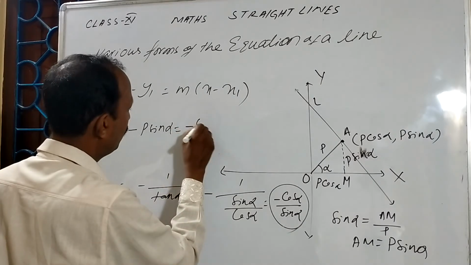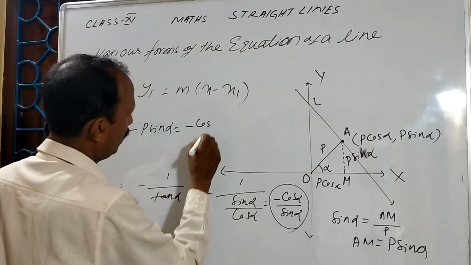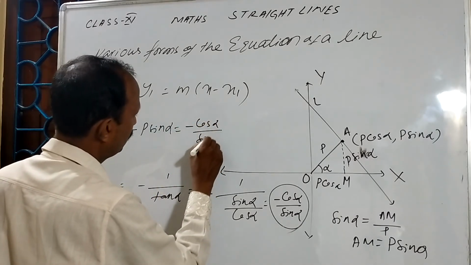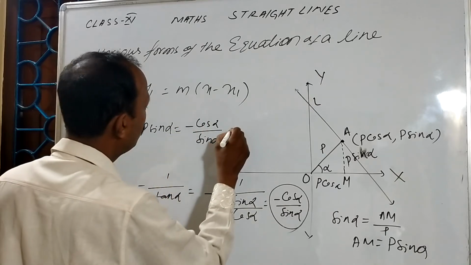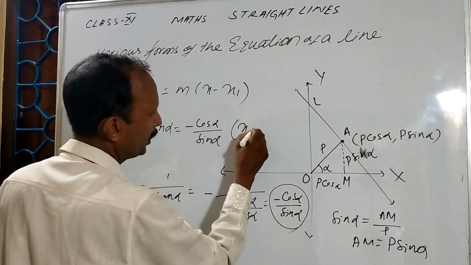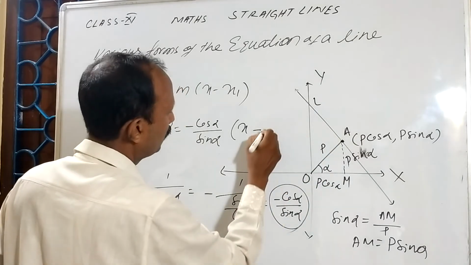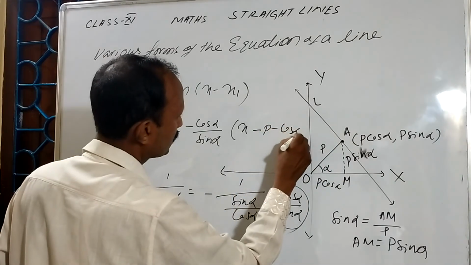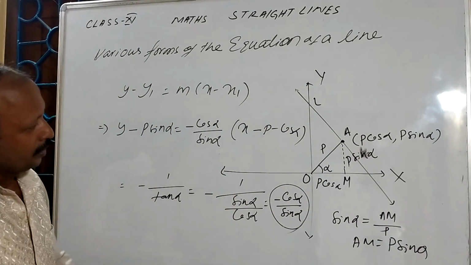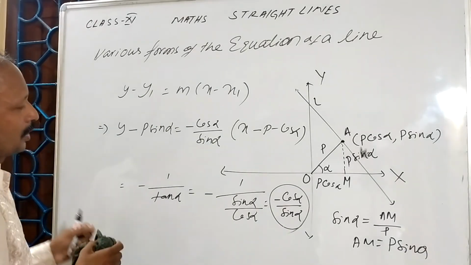This is minus cos alpha divided by sin alpha into x minus x1, that is x minus P cos alpha.